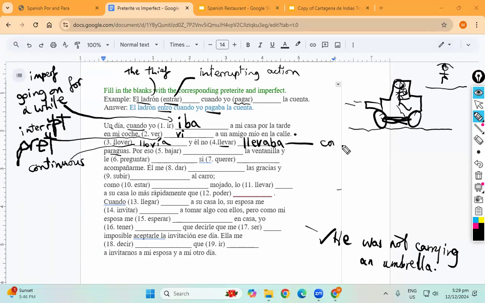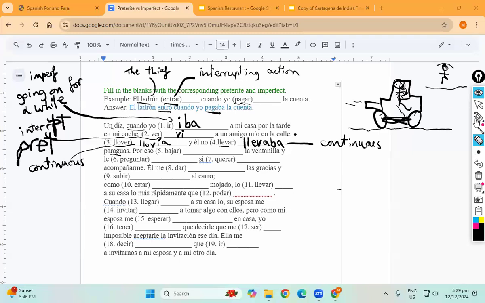So this also is continuous. We're asking ourselves now, is the action going on for a while? Remember, this is the past tense. Remember, I gave you this little diagram, right? Is the action simply that, or is the action this?